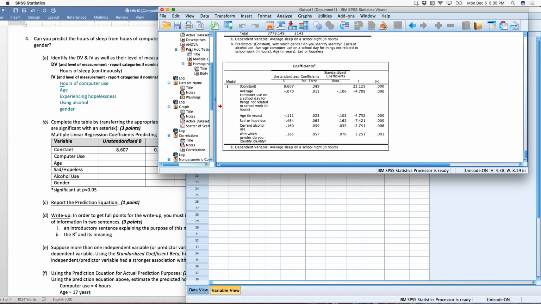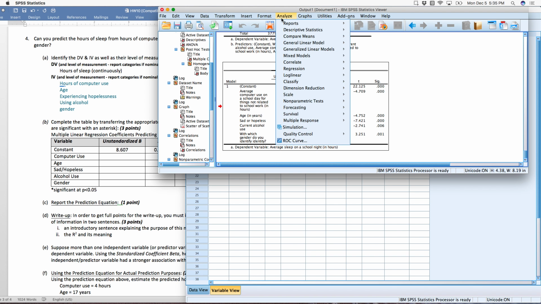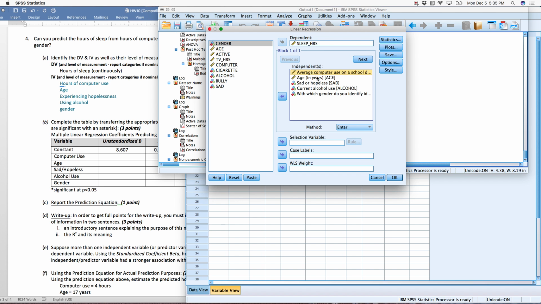Yes? When you did analyze, regression, linear, and the second box, did you move gender? You move the 5 IVs. So average hours of computer use, age, sad or hopeless, current alcohol use, and with which gender do you identify?